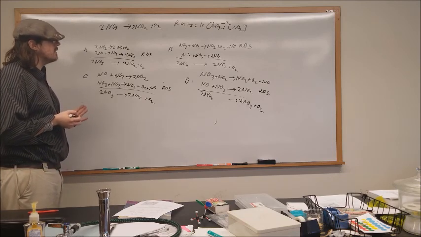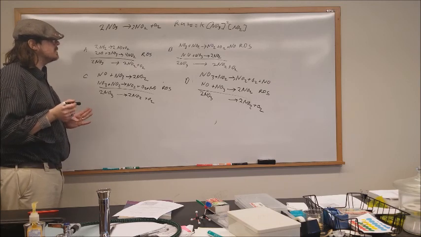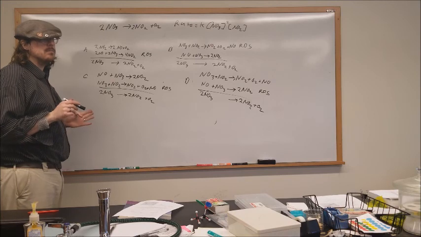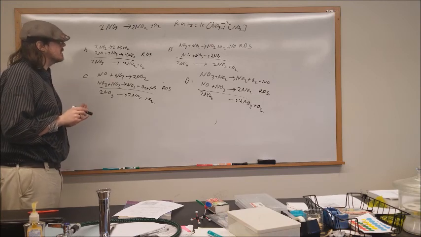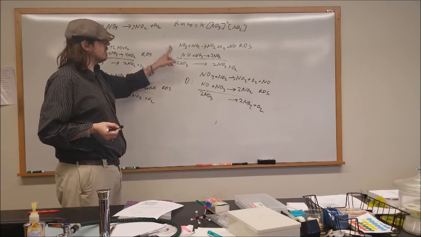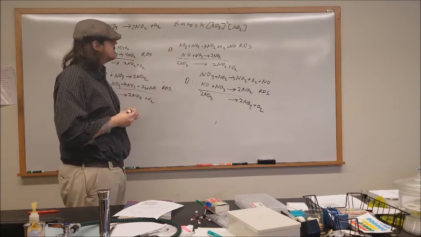But basically here, the reactants of the rate determining step will matter when we look at the rate law. So let's look at B first, because that's the only one where the rate determining step is the first step.